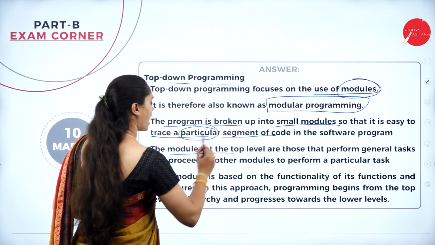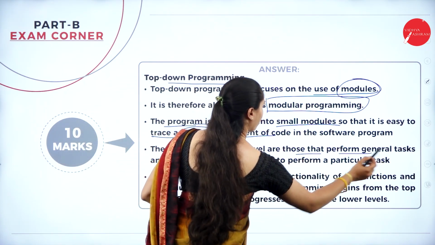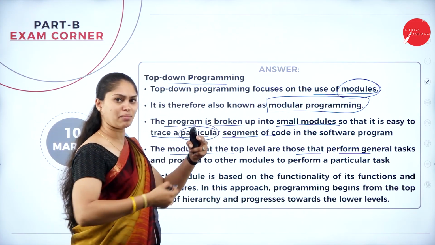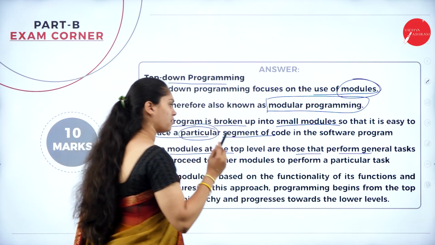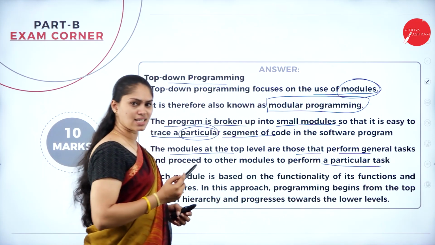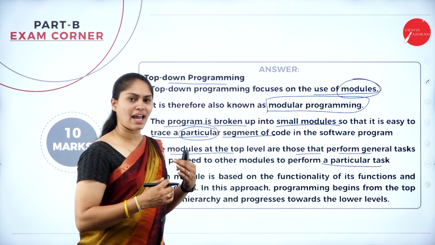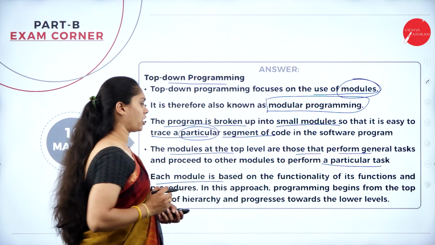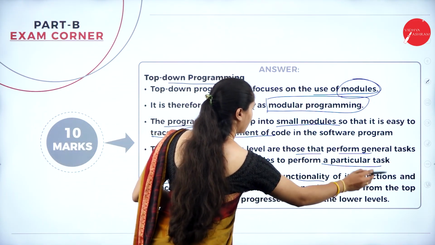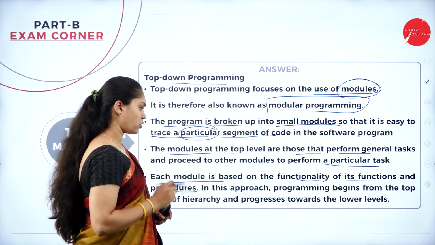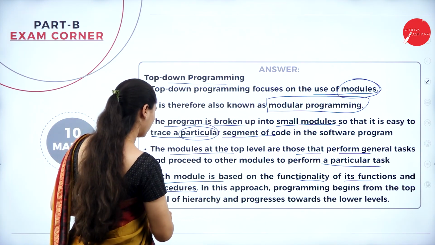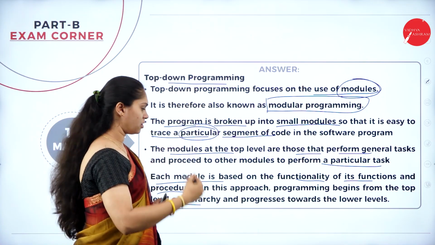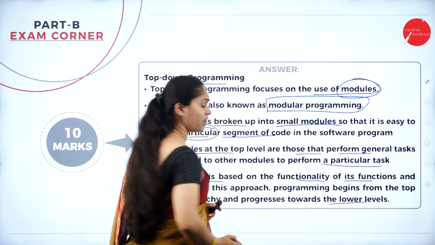Also, modules at the top levels perform a general task. When it comes to the further levels, they perform a particular task. At the last stage, we have more detailing of the software, and each module is based on the functionality of its functions and procedures. Mainly, this begins from the top level of the hierarchy, then reaches the lower level.